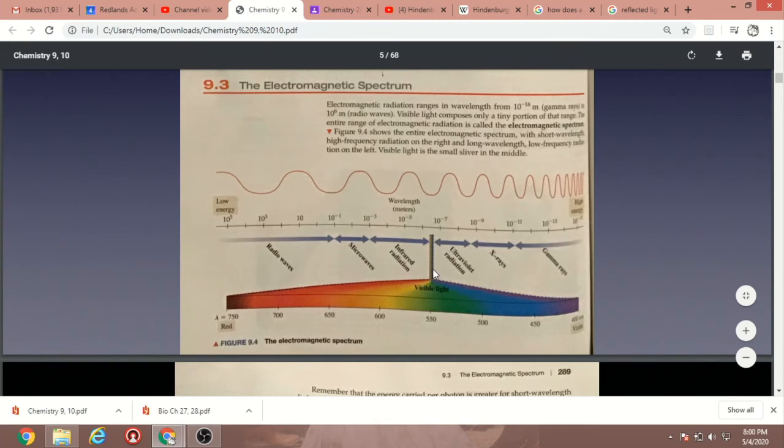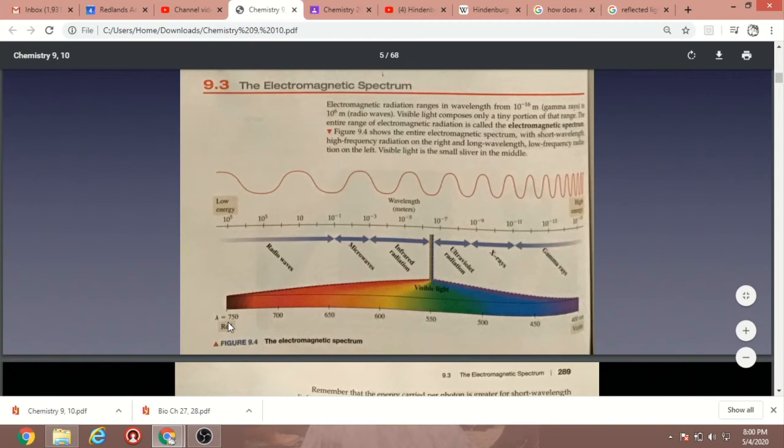And if you want to zoom in to this little spectrum, you can do that, and that's what they've done here. Remember, here we're going from low energy waves to high energy waves. From left to right, we're going from low energy, long wavelengths, to short wavelengths, high energy. So further to the left is the red.